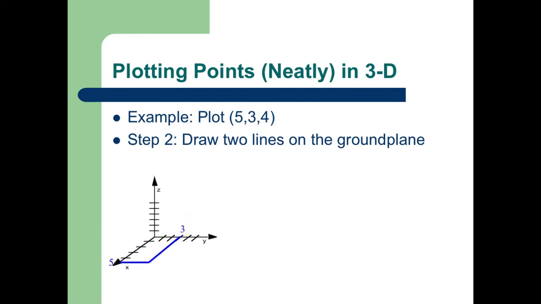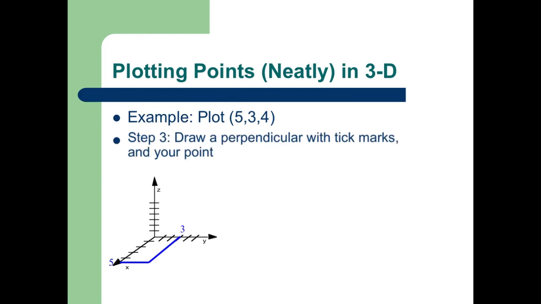And here's a nicer version of the drawing after you've drawn the 2 lines on the ground plane and labeled them. And now, as it says here in step 3, what we need to do is draw a perpendicular with tick marks and our point. So right now we're trying to do the z coordinate, which is 4. So I'm just going to go in the positive 4 direction, which is this direction, right?